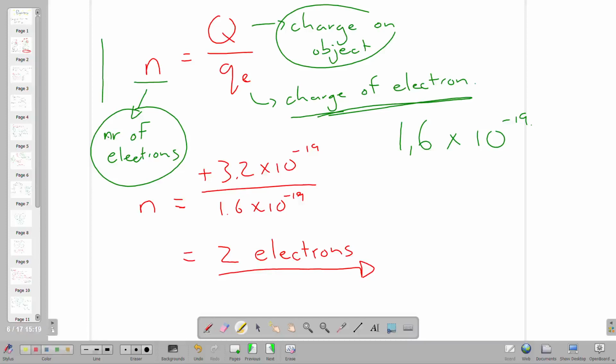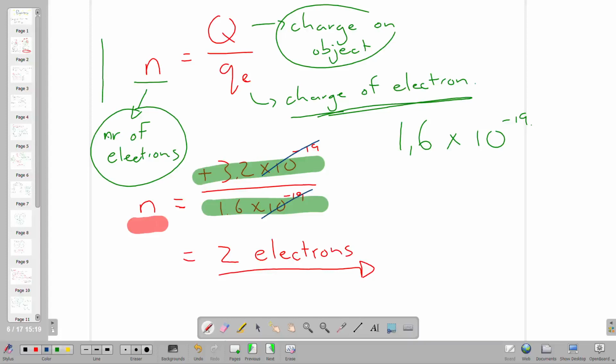So we're calculating N, and to calculate N, the charge of the object is 3,2 times 10 to the negative 19, over 1,6 times 10 to the negative 19 for the charge of the electron. You can see that the 2 suffixes, times 10 to the negative 19, are the same.